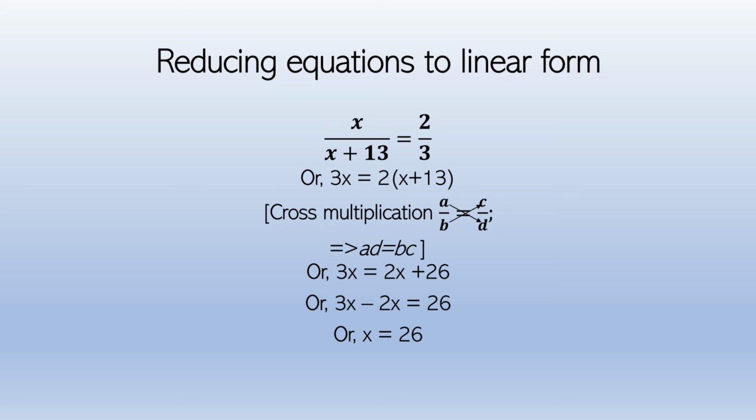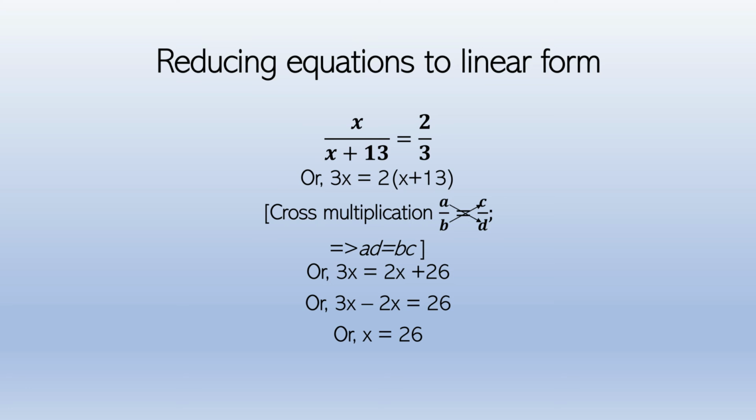Here we are multiplying crosswise, that's why the method is named cross multiplication. Now by using this method, we get the next step of the equation, that is 3x equal to 2 into x plus 13. To solve this, we now have to use our second method.